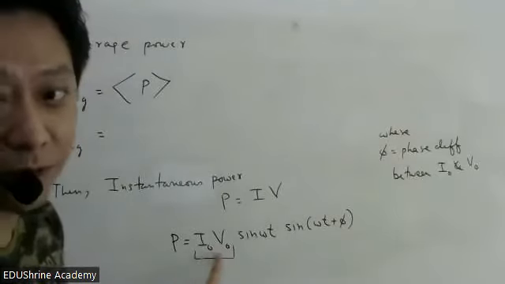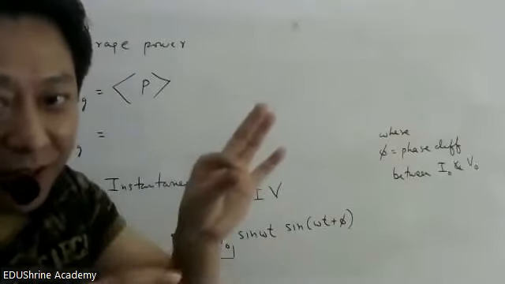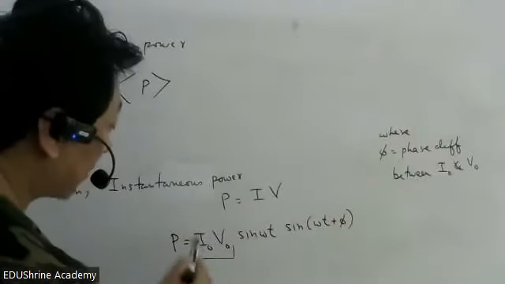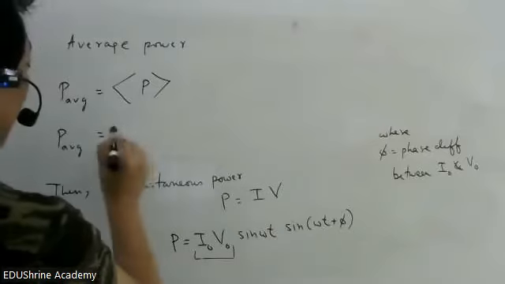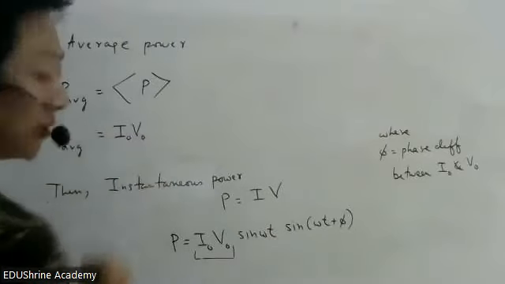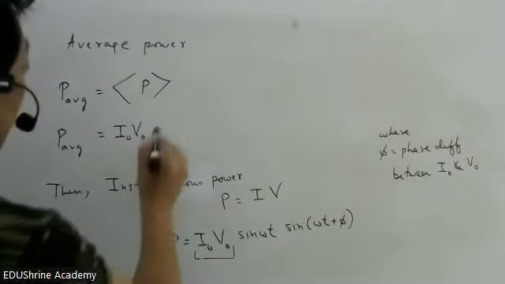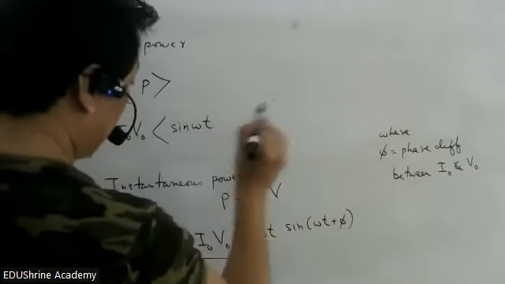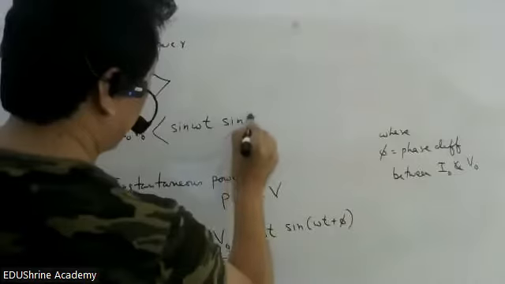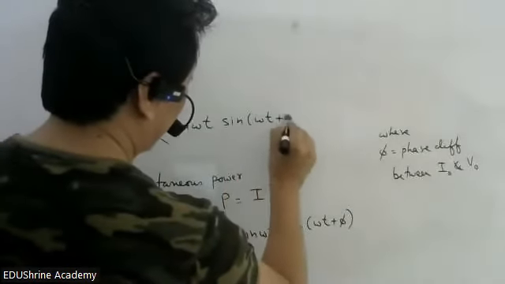These are peak values, they don't change with time, they're constant. Since these two are constant, the average of a constant is the same only, right? So I can take I naught V naught outside. What is left is the average of sine omega t into sine omega t plus phi.